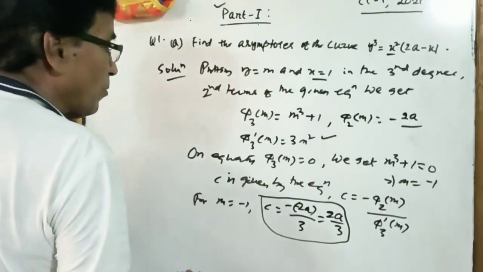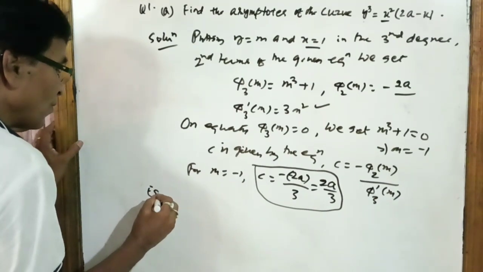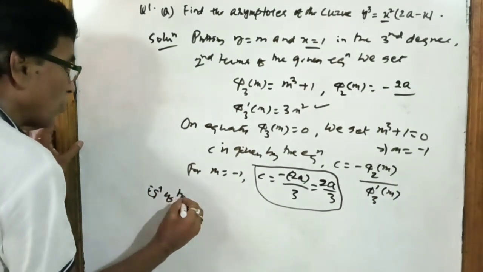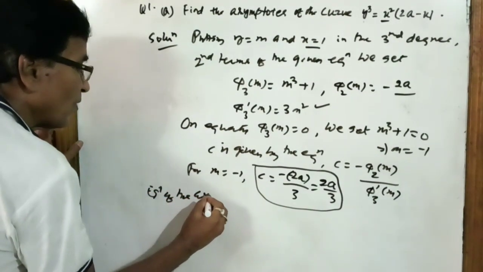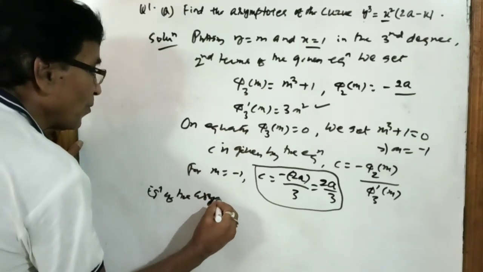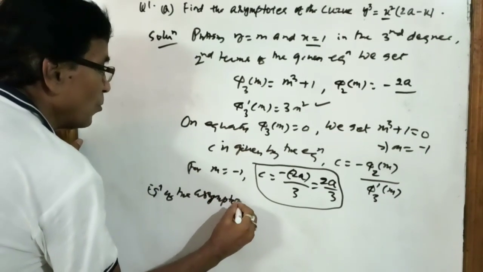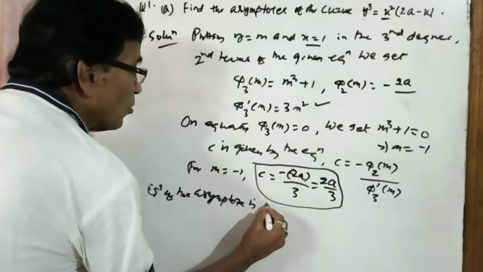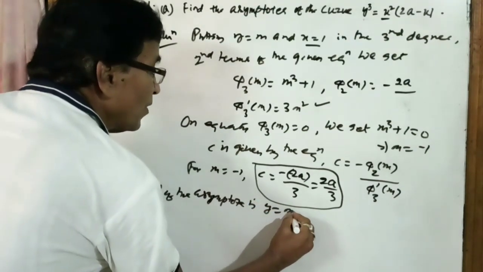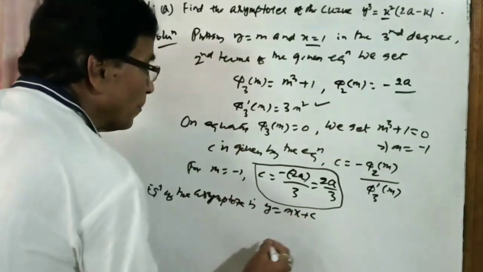Hence the equation of the asymptote is y = mx + c.